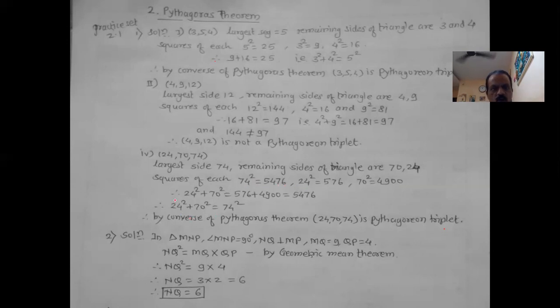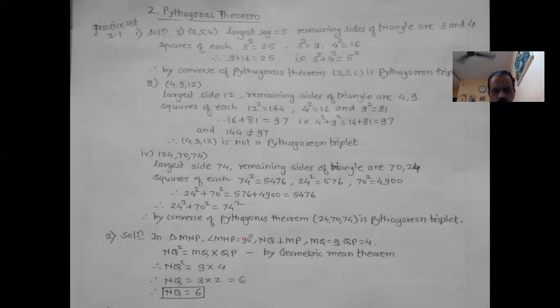Then the sum of these two, 24 square plus 70 square, is equal to 5476, and therefore 24 square plus 70 square is equal to 74 square. By the converse of Pythagoras theorem, 24, 70 and 74 is a Pythagorean triplet.